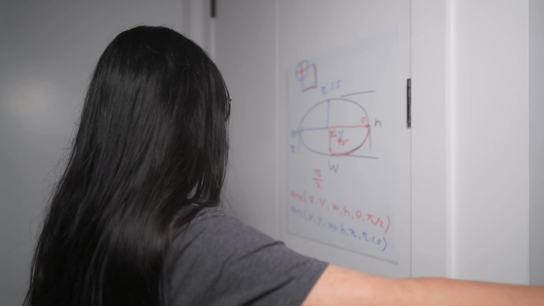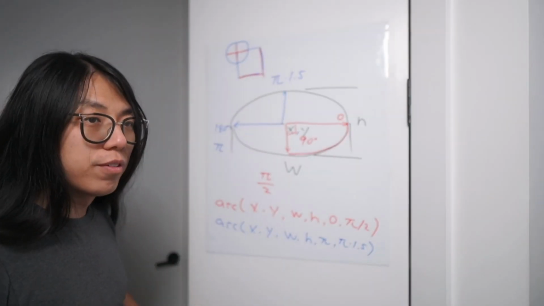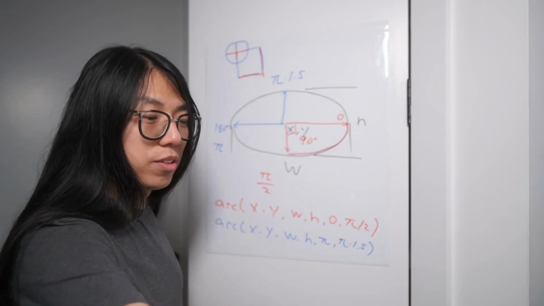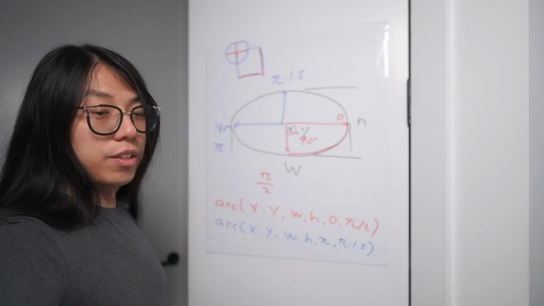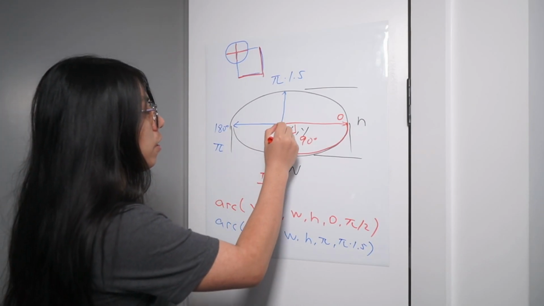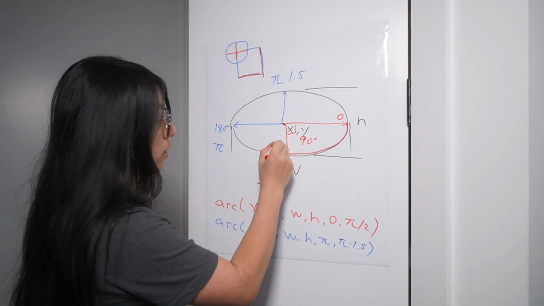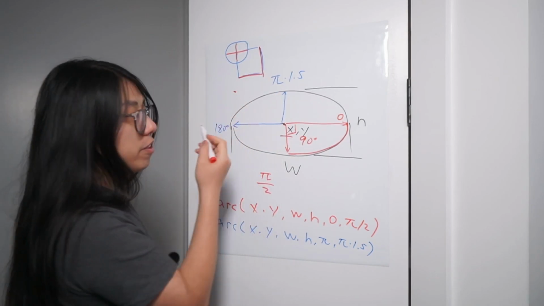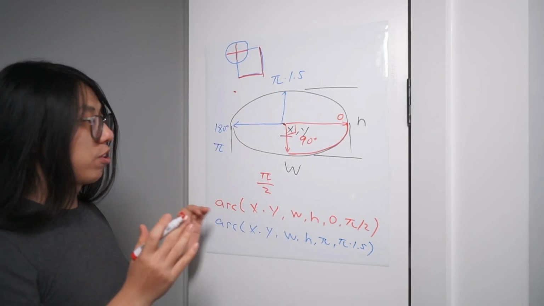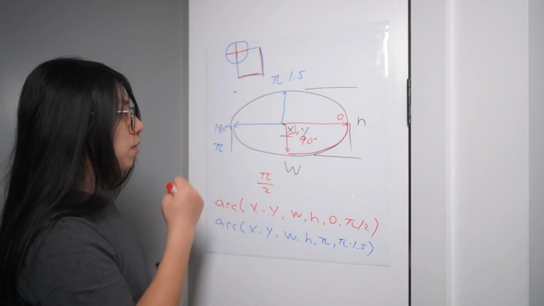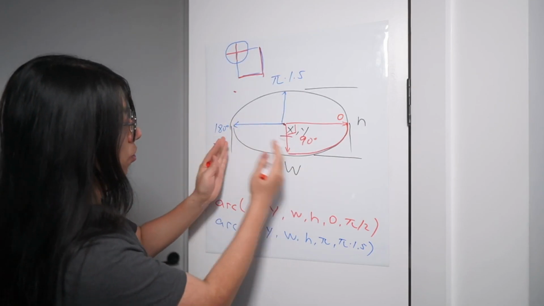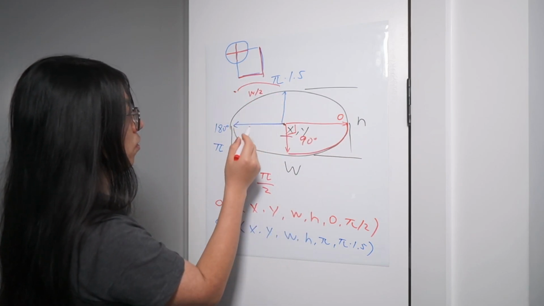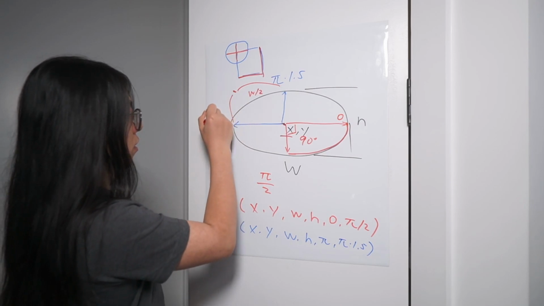Actually, maybe I can reuse this part of the drawing. So if x and y is the center, which is exactly how we are using it right now, what is going to be the top left corner? When we have the coordinate of the center, how do we get the coordinate for the top left corner? The whole thing is the width, so this part is going to be half of the width, and this is half of the height.